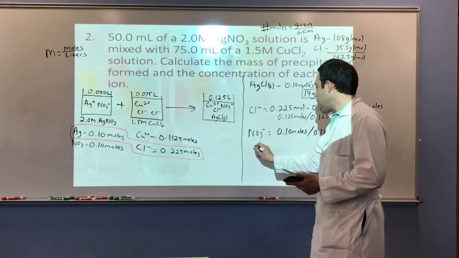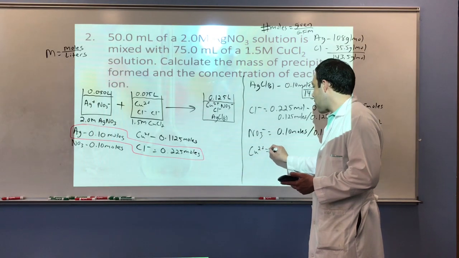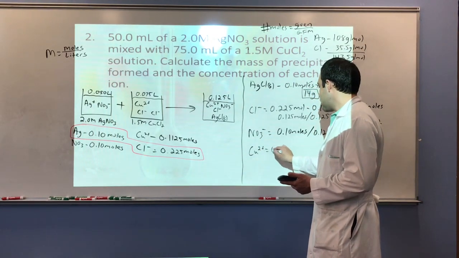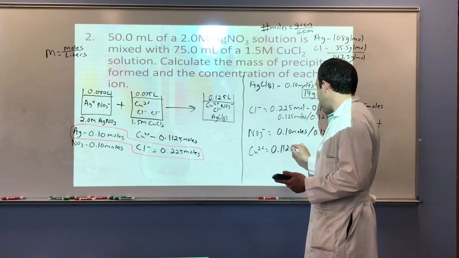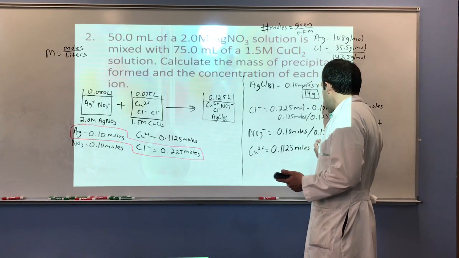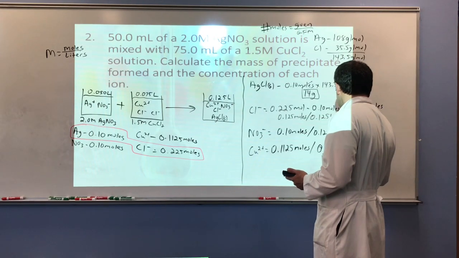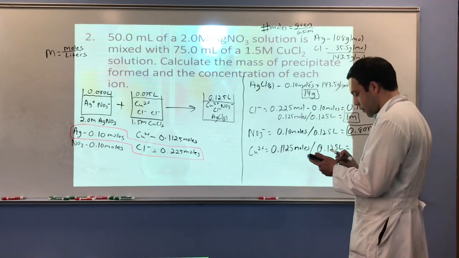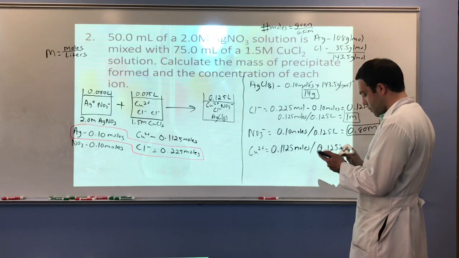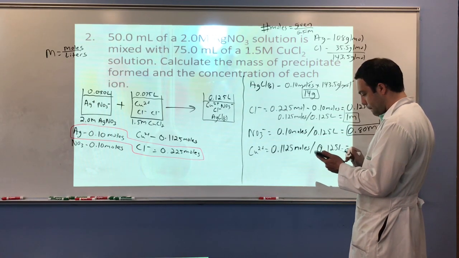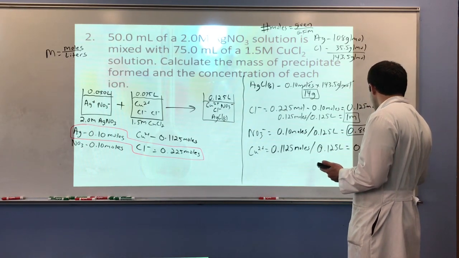Finally, to find out how much copper 2+ is in solution, I take the 0.1125 moles divided by the 0.125 liters, and I get 0.90 molar.